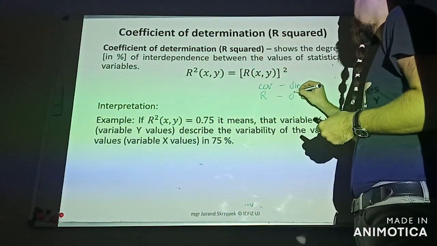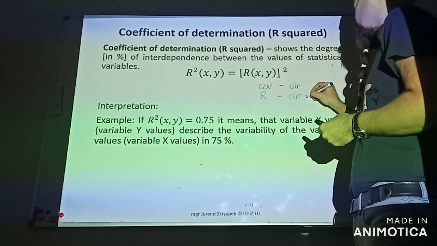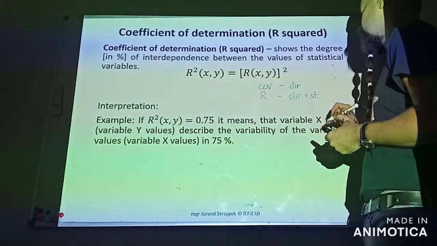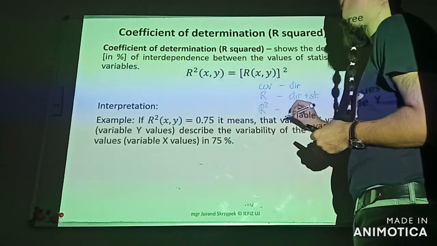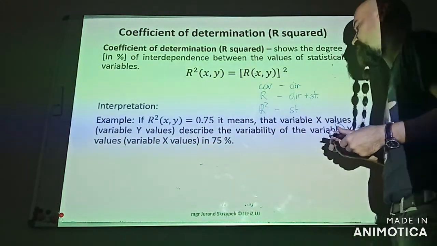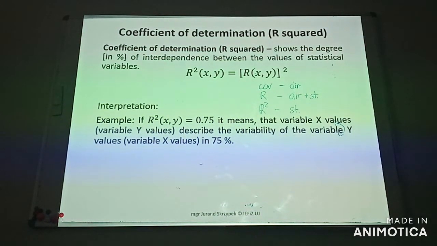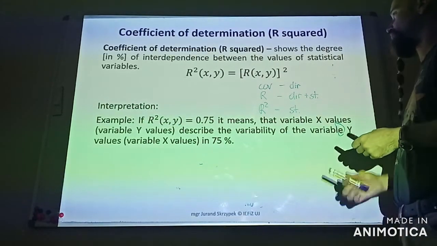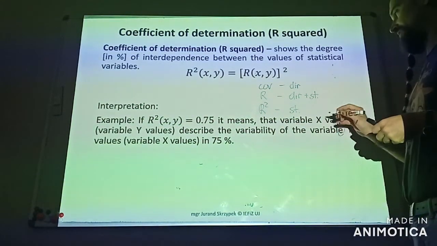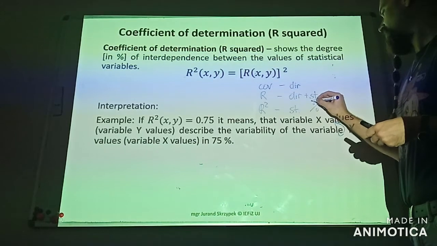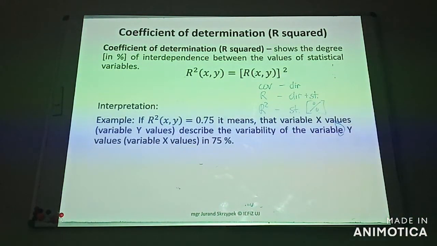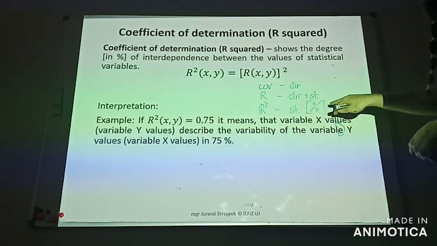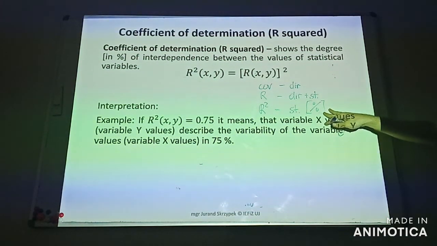The R coefficient gives us information about the direction and strength. The R squared coefficient gives us information about the strength of interdependence, and it's very useful that this strength can be expressed in percent.